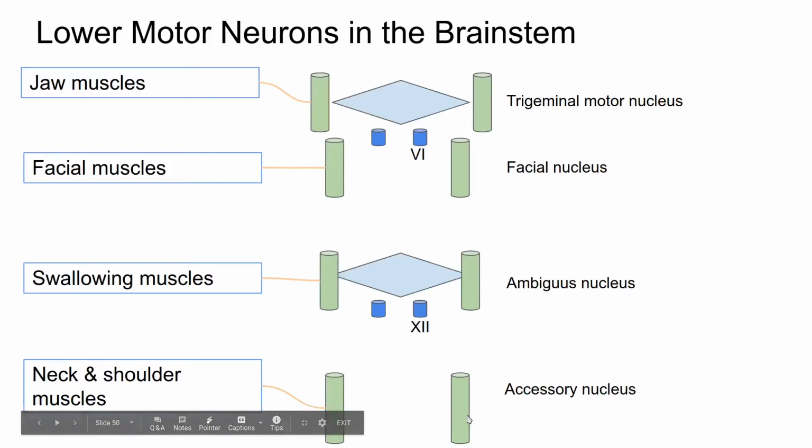All right. So just demonstrating again here, jaw muscles for mastication, for chewing, are controlled by the trigeminal motor nucleus, whose gray matter lies slightly dorsolateral to the facial nucleus over here.